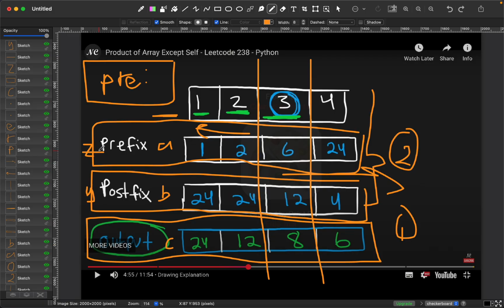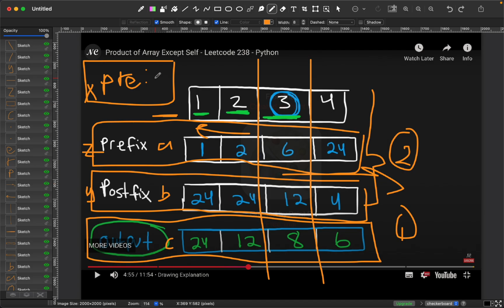And after going through Z and Y, you straight away get the output array as the final answer. And this X is just a temporary value to accompany Z and Y.